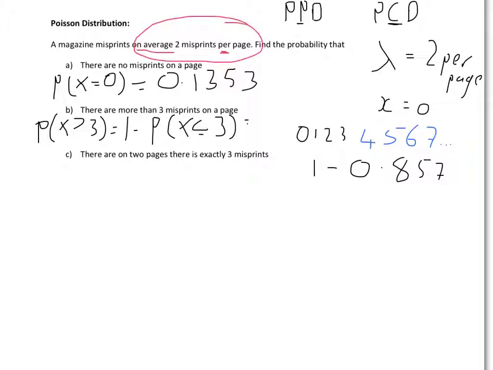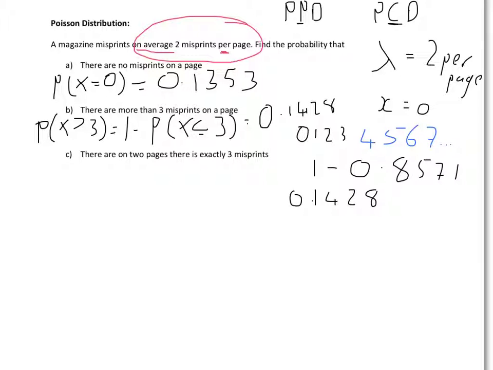Okay, 0.8571. Now make sure you can get that number in your calculator. If you got the other one, you did the other mistake, right? So 1 minus that gives me 0.1428. So that probability of having more than 3 misprints on the page is 0.1428.